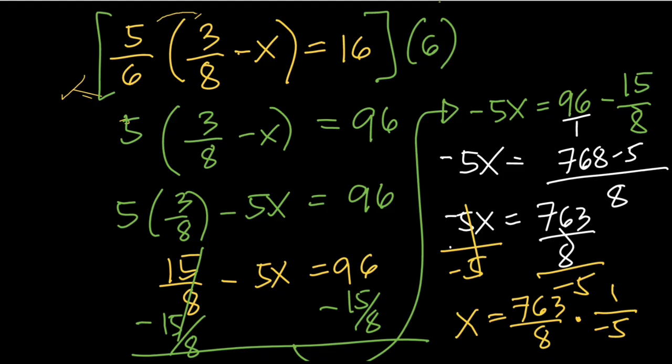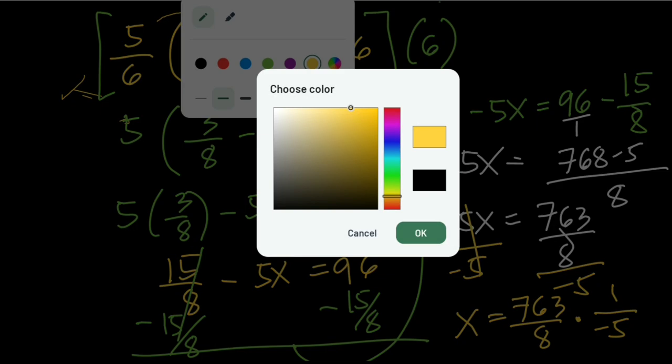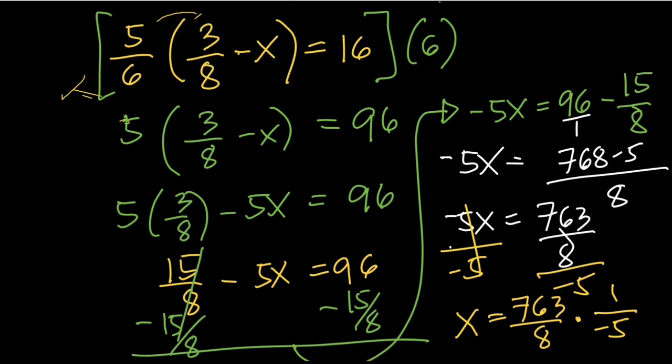Yeah, it will be the same. Actually, you can write here. Our x would be 763 over negative 40.